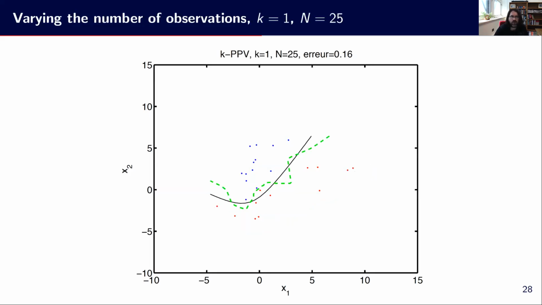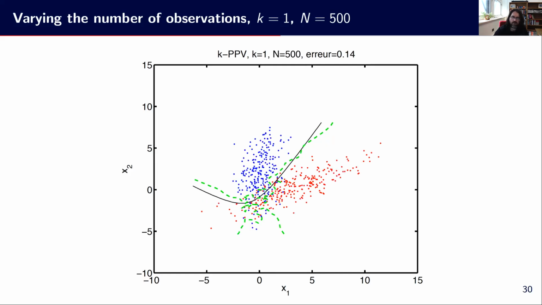Now, if we vary the number of observations, we set the model to be a nearest neighbor classifier with k equal to 1, and we vary the number of samples used, with 25 at first, and then increasing the number of samples to 50 up to 500.